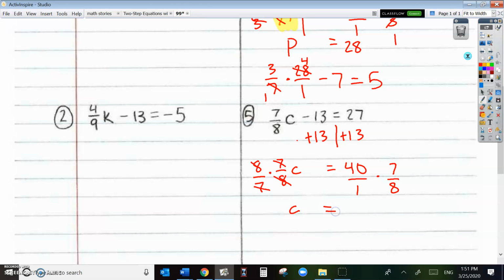C equals, cross cancel here, and you get 1 and 5. 5 times 7 is 35. Now check it to see if it works. 7/8 times 35 minus 13. Will that equal 27? Let's check.